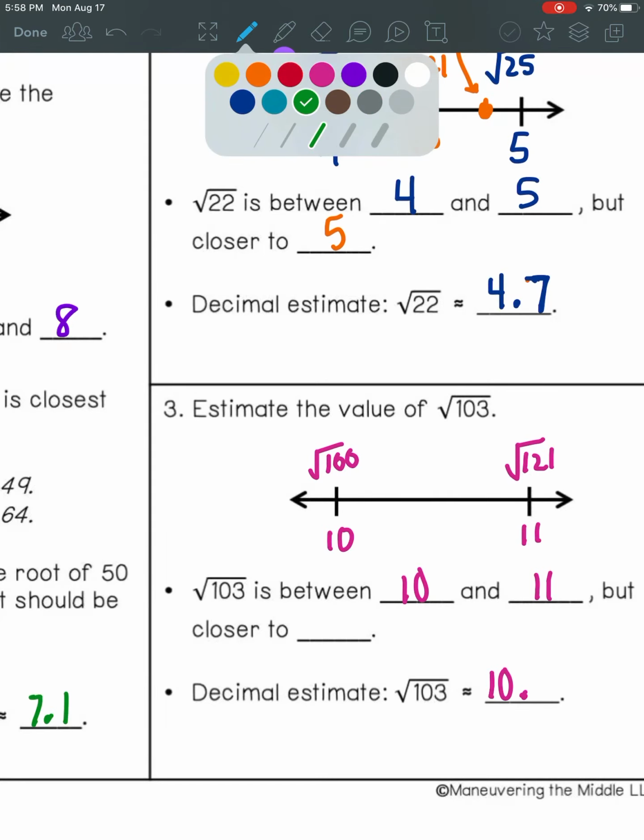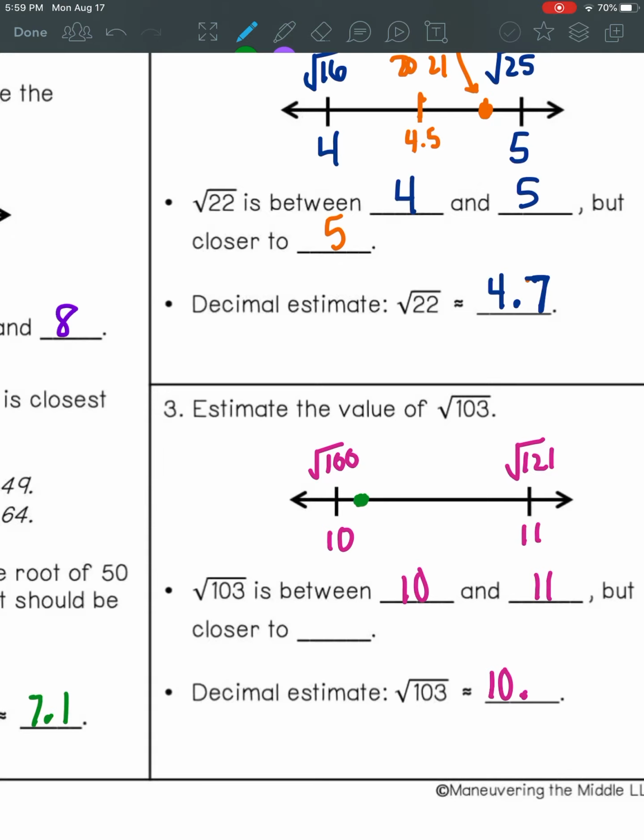The square root of 103, well, it's closer down here. Remember, halfway is about 10.5. So we know it's closer to 10. It has to be less than 10.5. Again, it's pretty close to 100. It's only 3 away, and it's much further, 18 away from 121.